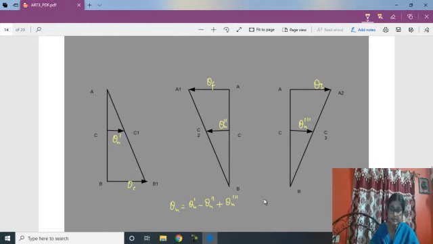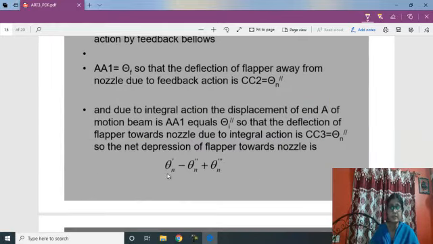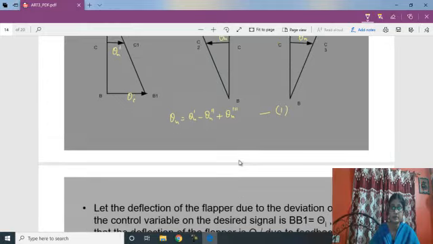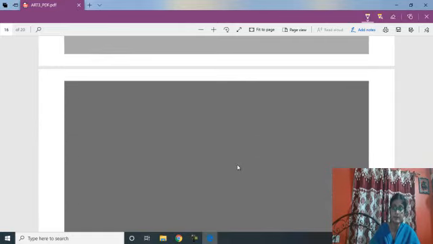So this is our equation number 1. That is, theta n dash minus theta n 2 dash plus theta n 3 dash is the effective displacement or net deflection of flapper towards nozzle direction.